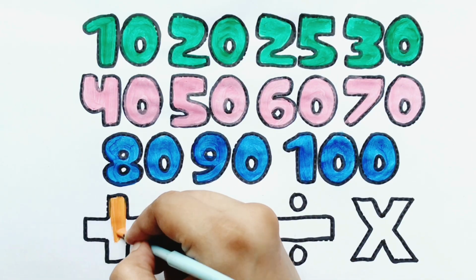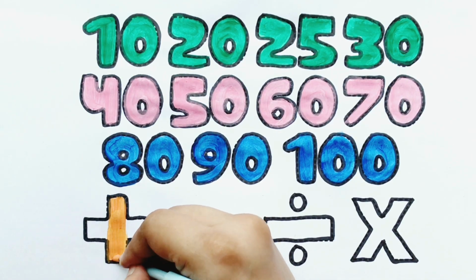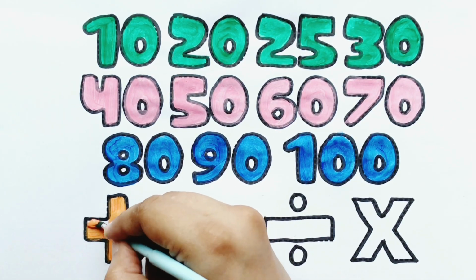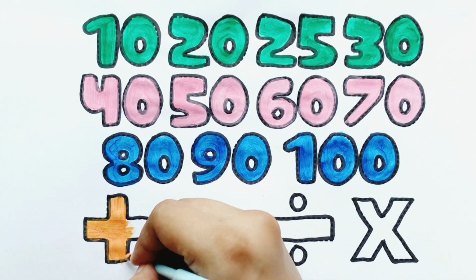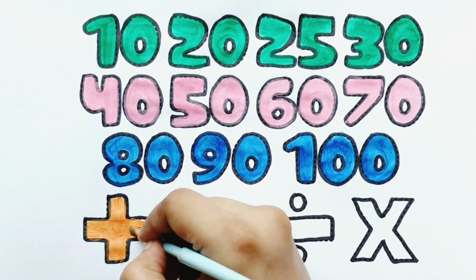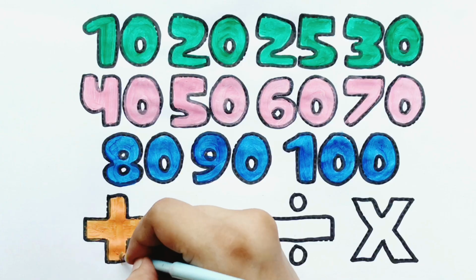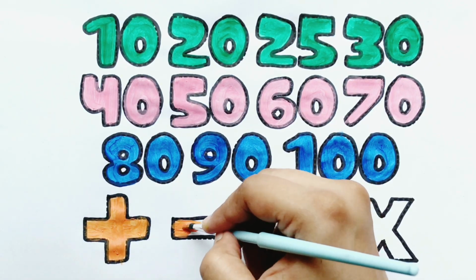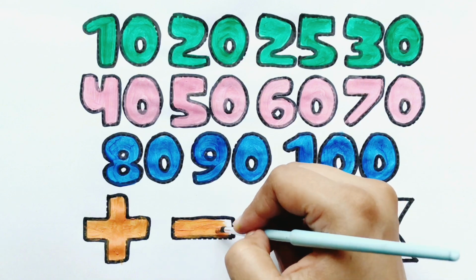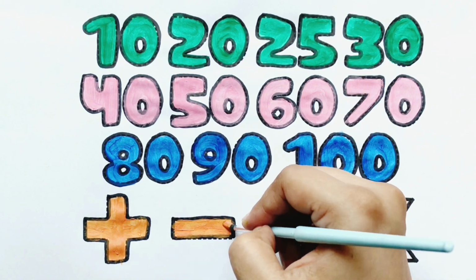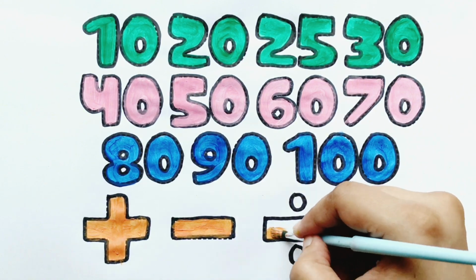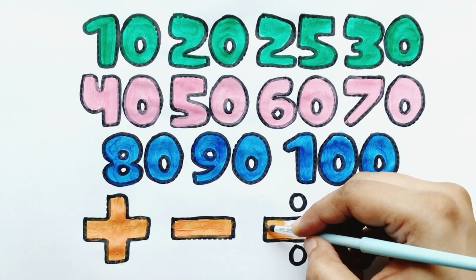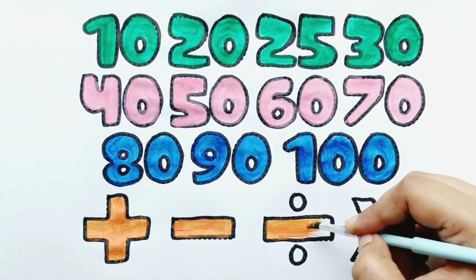Make samples. Time won't Plus, sing with me. this is a orange color. C, D, E, F, G, H, I, J, K, L, M, N, O, P, Q, R, S, Minus. U, V, W, X, Y, and Z. Now I know my ABCs. Next time, won't you sing with me? Divide.